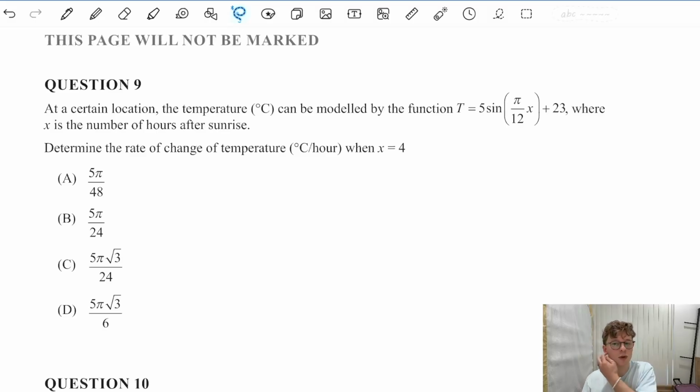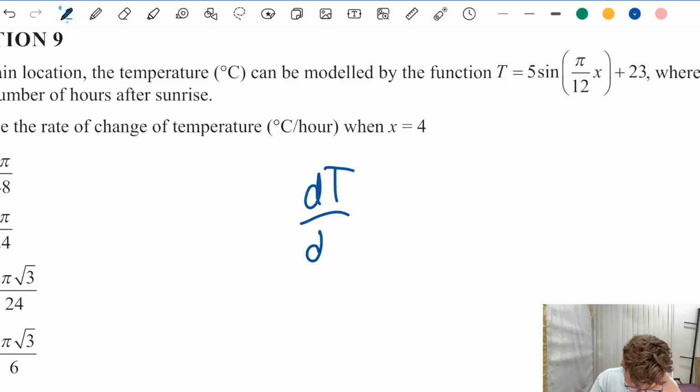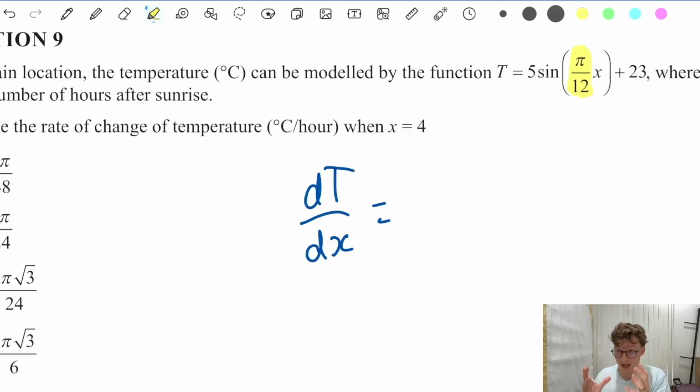So if I'm trying to find the rate of change of temperature when x equals 4, I really want to start by differentiating my equation T with respect to x. The word rate of change means I should differentiate. If I differentiate, I get dT over dx is equal to, if I differentiate sine, I get positive cosine. And when I differentiate a trig function, I multiply by the derivative of the part inside my brackets.